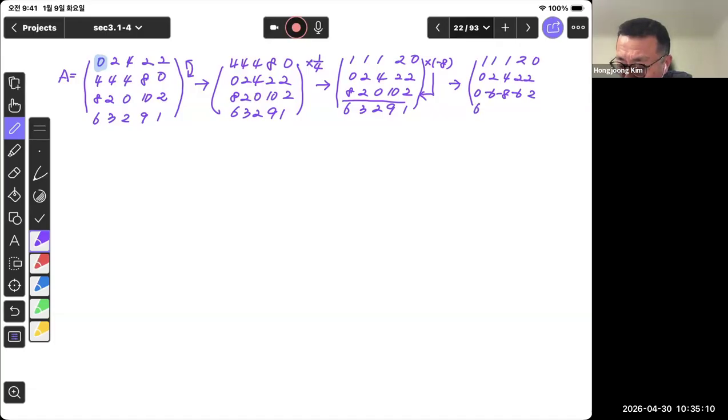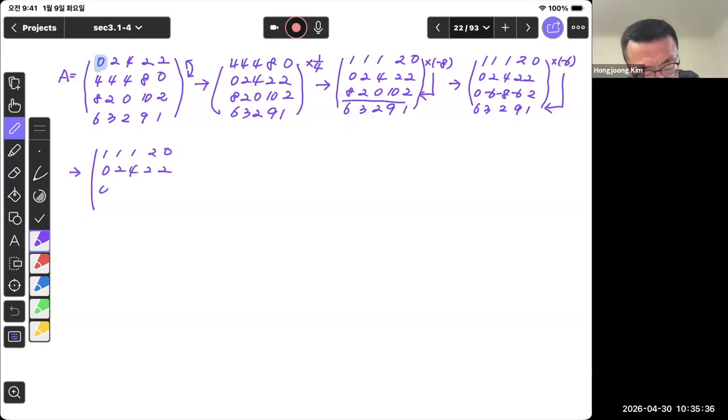The fourth row is unchanged. Then if I multiply negative 6 to the first row and add it to the fourth row, the matrix becomes 1, 1, 1, 2, 0, 0, 2, 4, 2, 2, 0, negative 6, negative 8, negative 6, 2, and 0, negative 3, negative 4, negative 3, and 1.